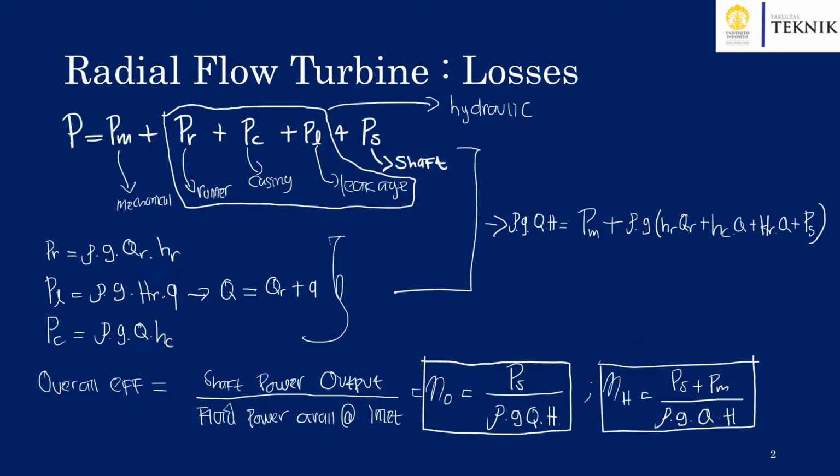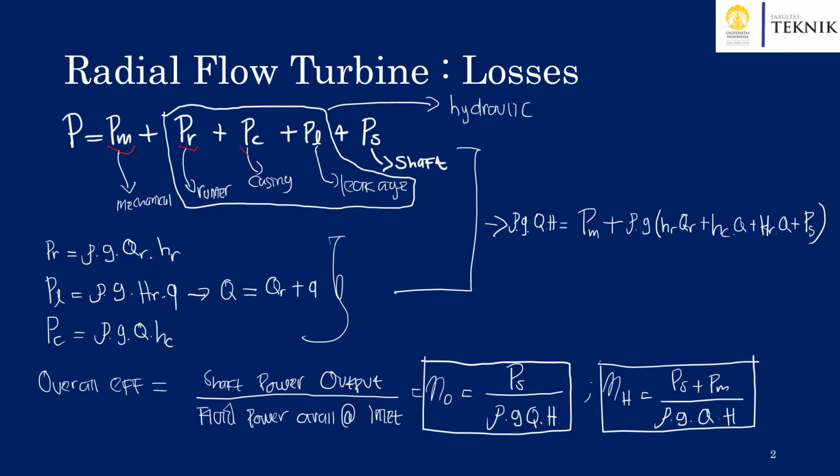Losses in a radial flow turbine can be attributed into 5 sources. First is the mechanical power loss, or in this term we note it down as PM. And then we have PR, that is the runner power loss.